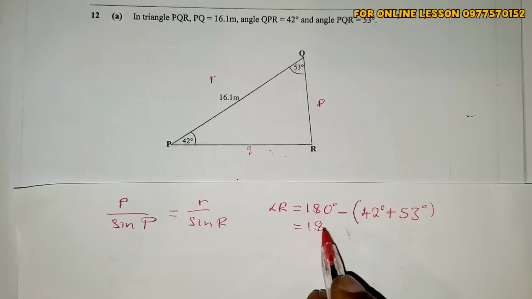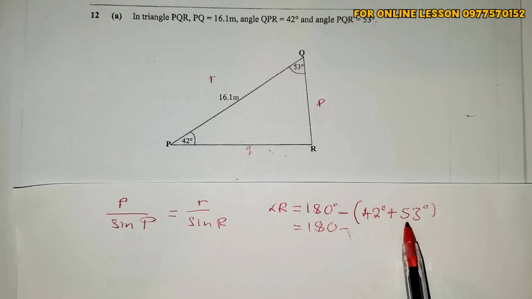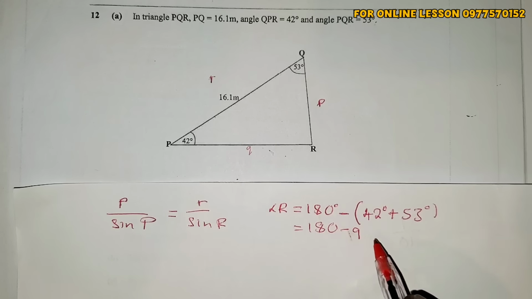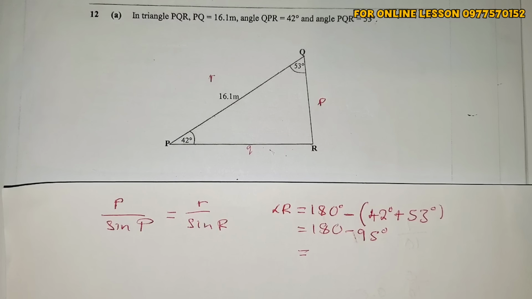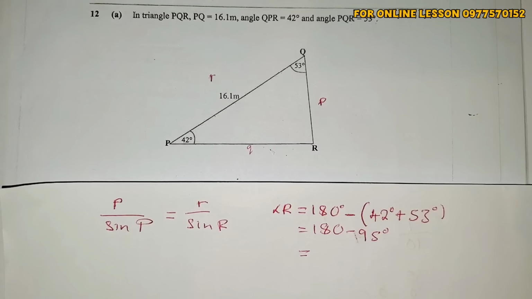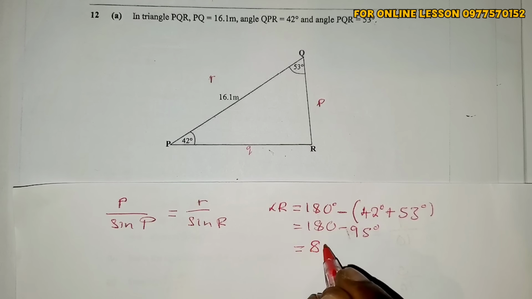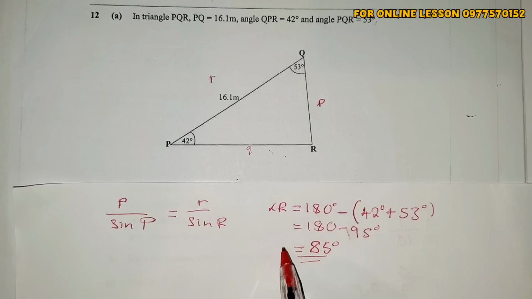So 42 plus 53 gives 95. Then 180 minus 95 is 85 degrees. Okay, now we have found angle r.